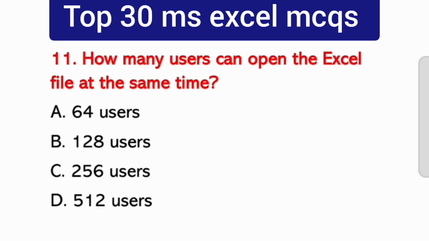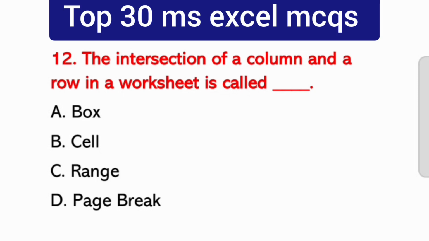How many users can open the Excel file at the same time? Options: 64 users, 128 users, 256 users, 512 users. Correct answer: 256 users. The intersection of a column and a row in a worksheet is called, options: box, cell, range, page break.